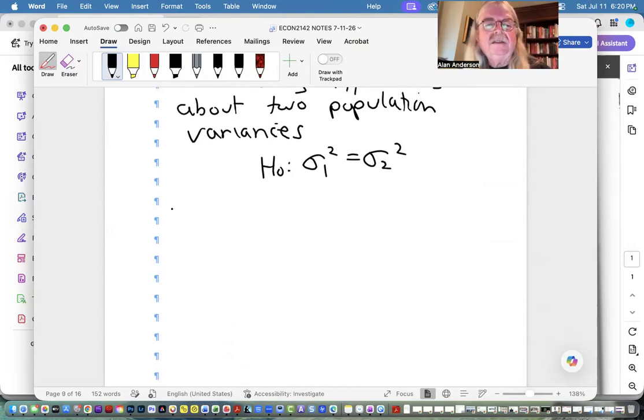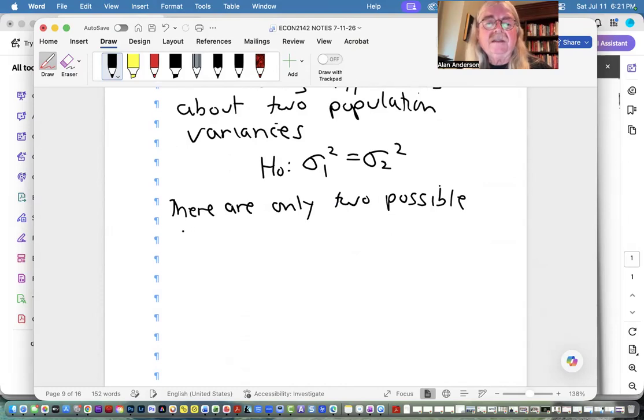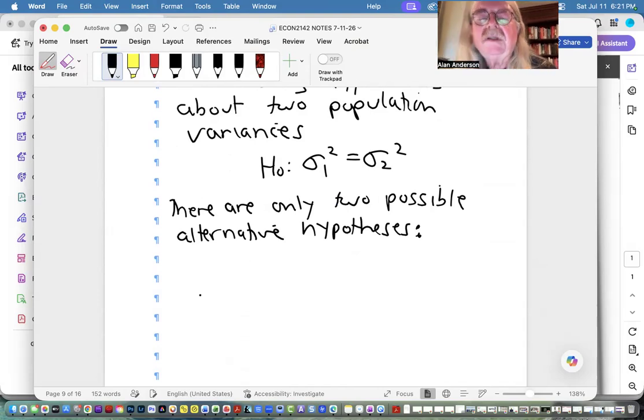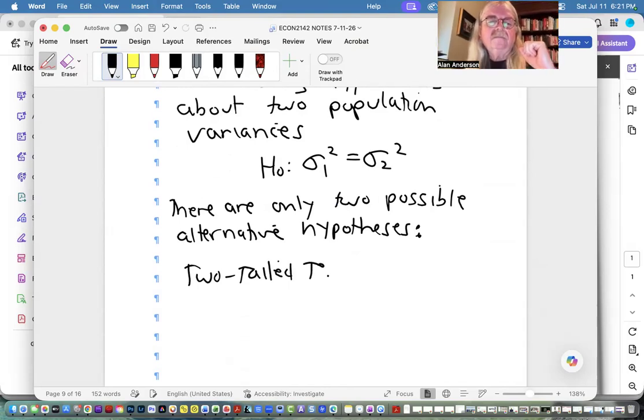And that is there are only two possible alternative hypotheses. So, in other words, there'll be the two-tailed case, which is exactly what you would expect.